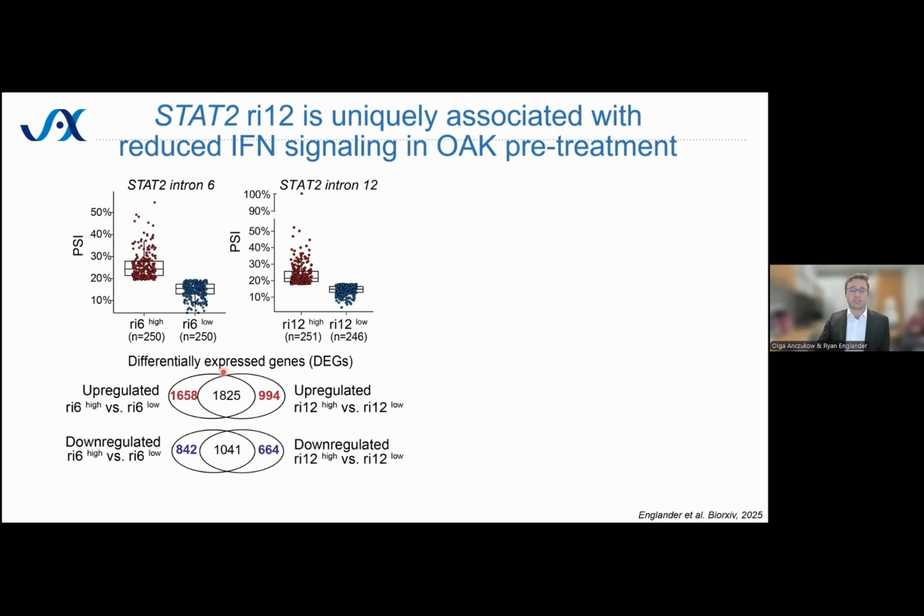We then took genes that were uniquely differentially expressed in either RI6 or RI12 and conducted pathway enrichment analysis on those unique genes to try to understand what the unique contribution of each intron was to the overall signaling milieu inside of these tumors pre-treatment.